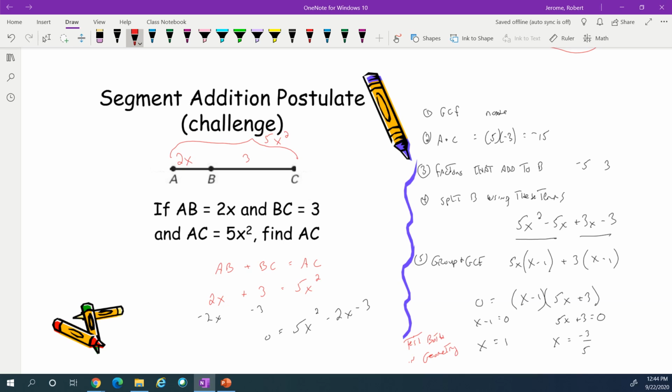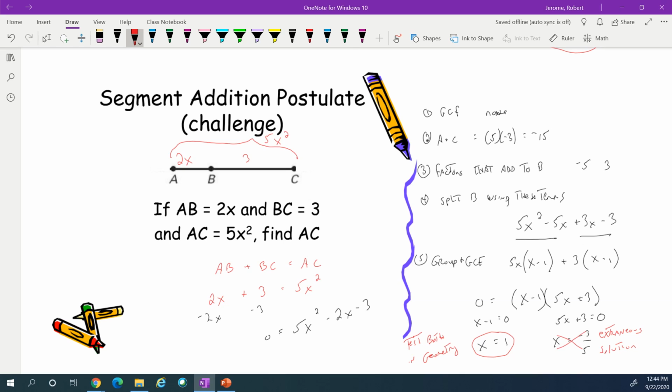And that's an extraneous solution. Meaning it's correct for the algebra, but it does not fit the geometry because AB would be a negative. So I'm left with one answer. X equals 1.